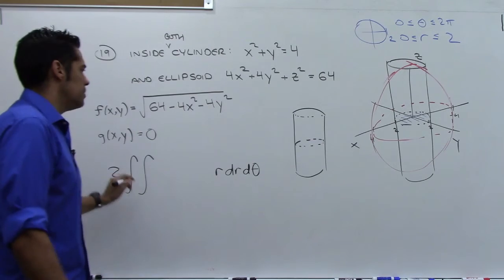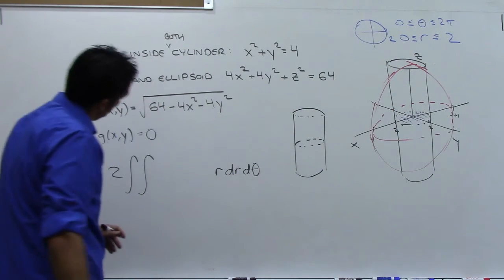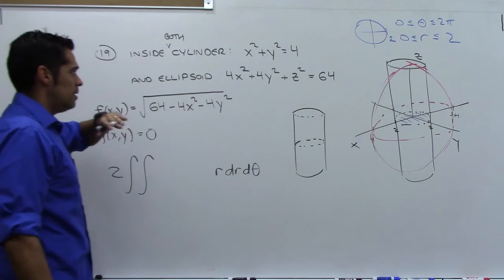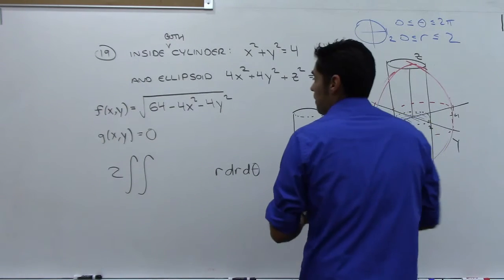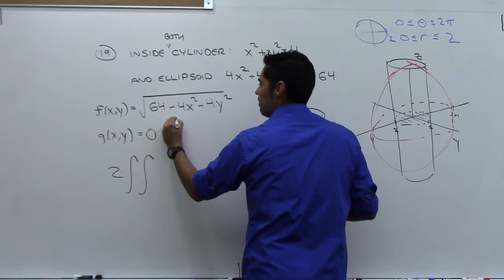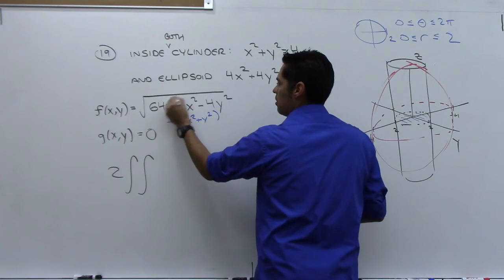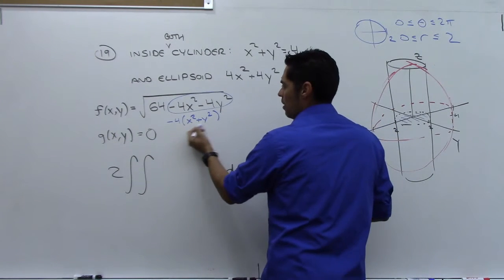I'm doubling my answer because right now I'm only finding the top half, so I have to double it to get the bottom half. And then I'm doing this minus this, but I'm going to do a polar substitution here. Notice that I could rewrite this as negative 4 factored out of x squared plus y squared, just for these two. And that would give me r squared here.